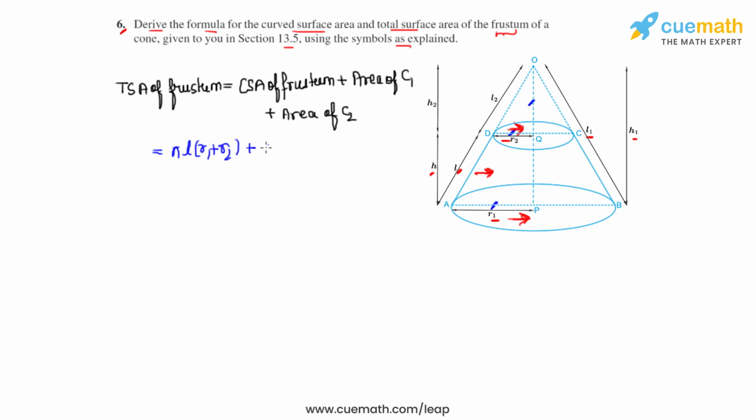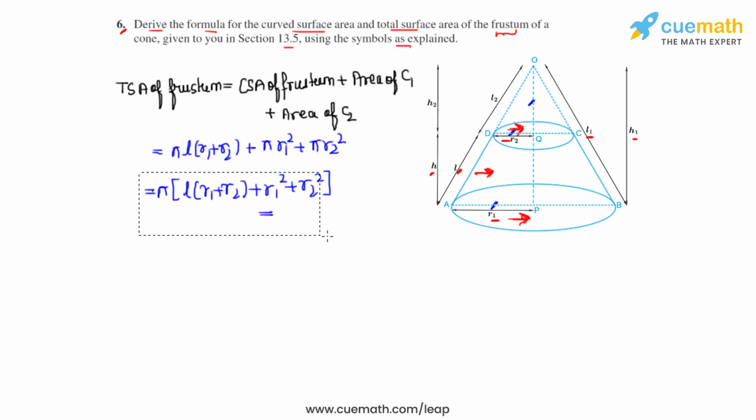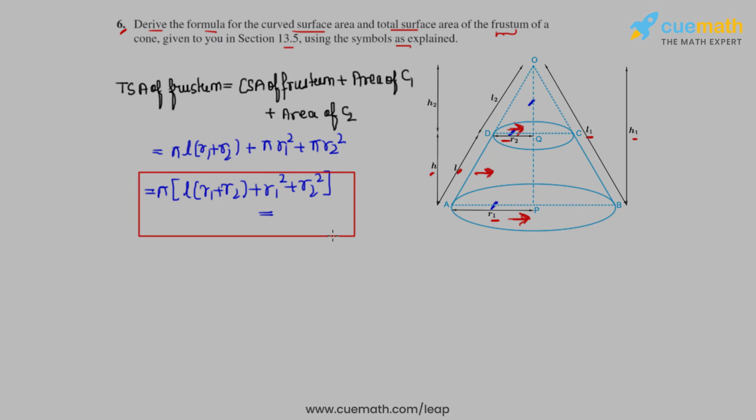The area of circle 1 will be pi R1 square, and the area of circle 2 will be pi R2 square. We can take pi common, and what we are left with inside the brackets will be L times R1 plus R2, plus R1 square plus R2 square. And this is the total surface area of the frustum which was formed. And that's how we solve this problem.